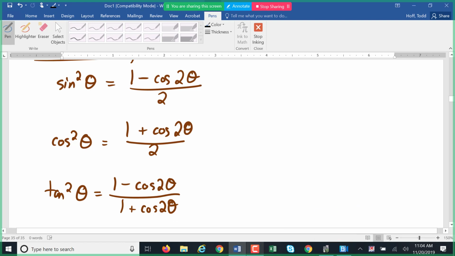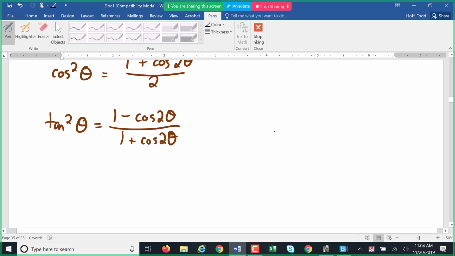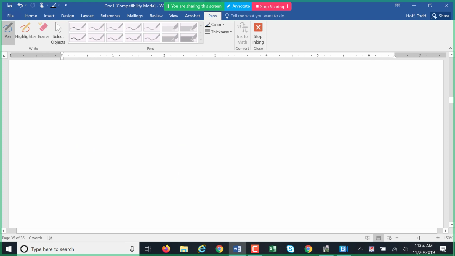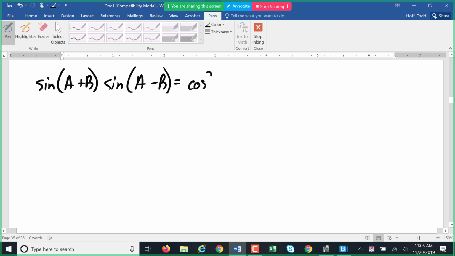So we're going to take a look at an example. Let's find: sine of a plus b times sine of a minus b equals cosine squared of b minus cosine squared of a.